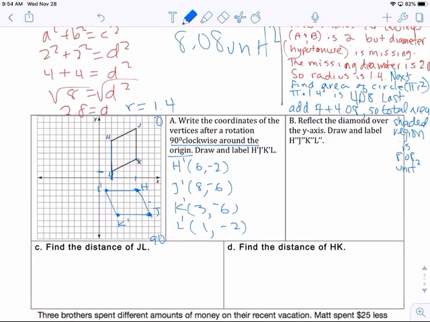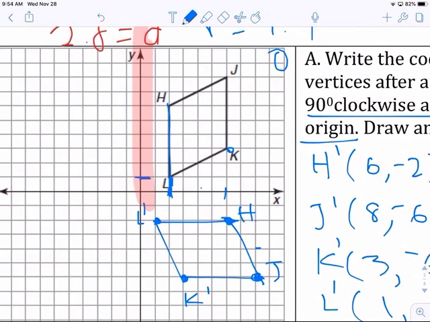All right, reflect over the y-axis. For this one, reflect the original over the y-axis. I should put the original there. 2 over right there, H double prime.